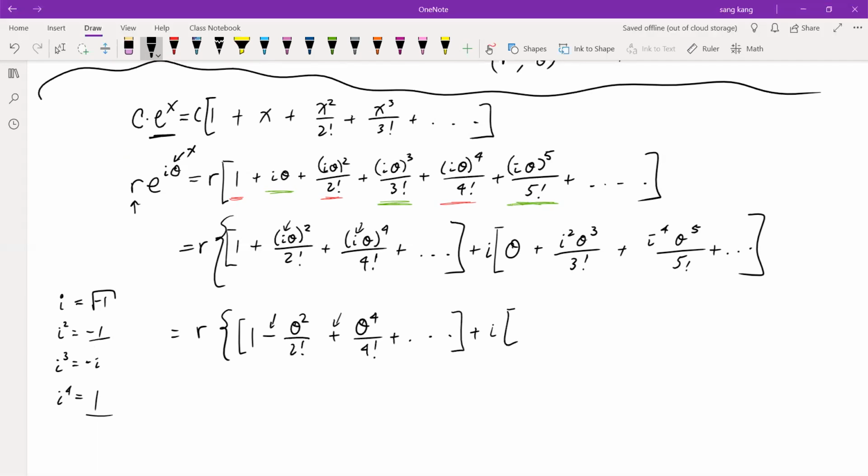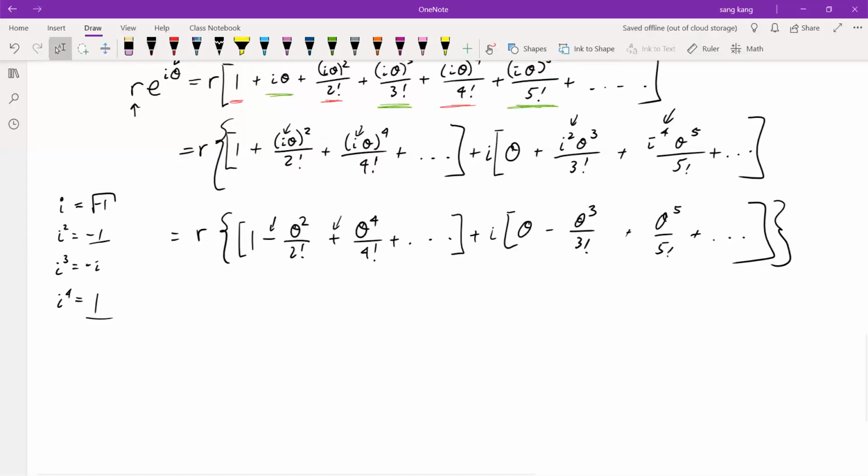My second grouping, I have theta. This i squared becomes minus 1, so minus theta cubed over 3 factorial. This becomes plus 1, so plus theta to the fifth power over 5 factorial plus dot dot dot. You can see there is a pattern for each of these. If you look at your core functions from your book again, you'll notice that this is the Maclaurin series definition of cosine, and this one here is the definition of sine.